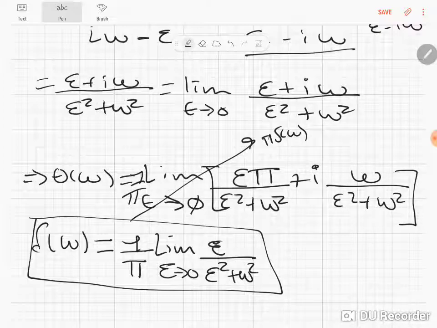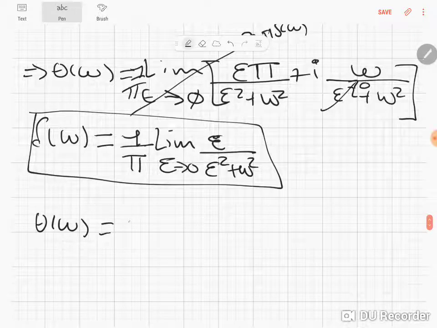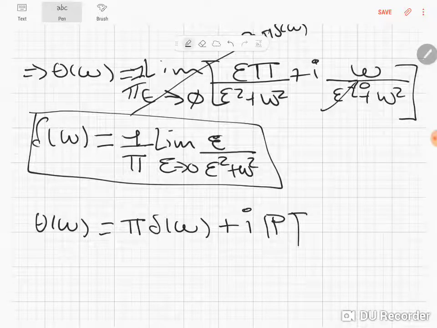And then if this goes to 0, making use of the limit, then this becomes a principal value that is only valid when omega is different than 0. So in that respect, theta of omega is equal to pi delta of omega plus i principal value of 1 over omega.